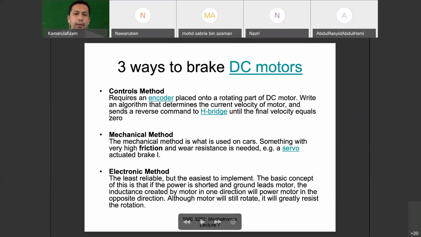Mechanical method, servo actuated or electronic method, yes, inductance created. In an EV, usually the charging of the battery happens in this third concept.